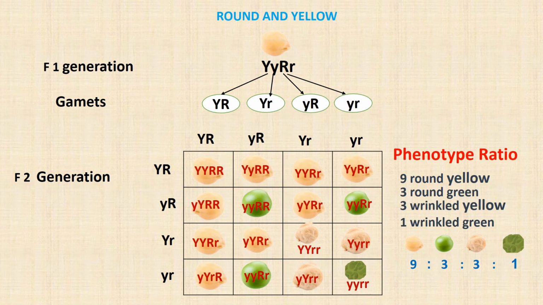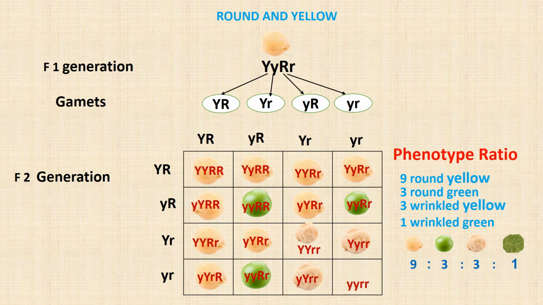When we observe the Punnett square, different combinations of characters result from the dihybrid cross. Among the 16, 9 have round and yellow seeds with different factors, 3 have round and green seeds, 3 have wrinkled and yellow seeds, and 1 has wrinkled and green seeds.